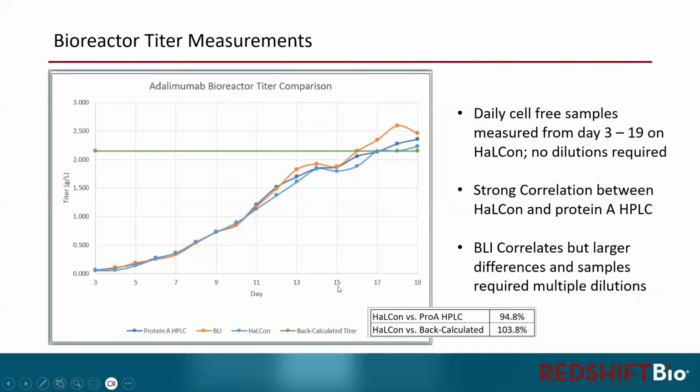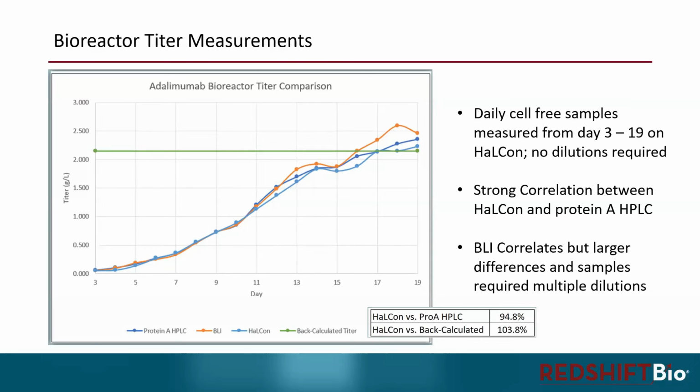A couple of other quick data points. This is, again, looking across a multi-day run. It's a 19-day run. In this data set, we are comparing HaLCon with Protein A HPLC, as well as BLI, or biolayer interferometry. What we're looking at is just daily cell-free samples. For HaLCon and for the Protein A HPLC, there were no dilutions required.